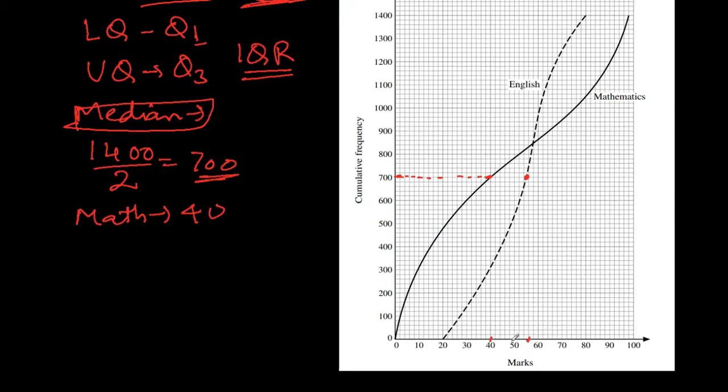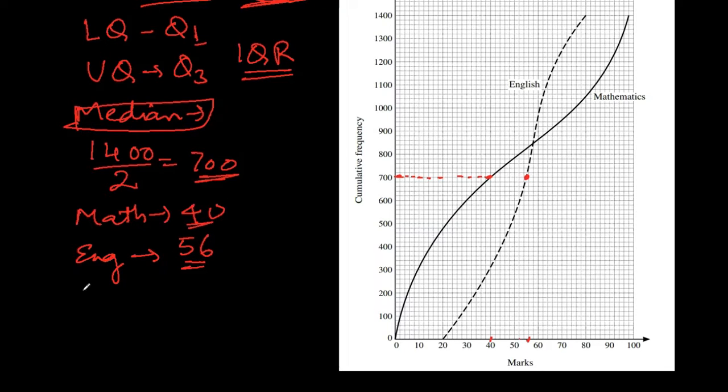If this is 50, 52, 54, 56, 58, 60, then this is 56. So the English median is 56. That shows that the average score in English is higher than mathematics.